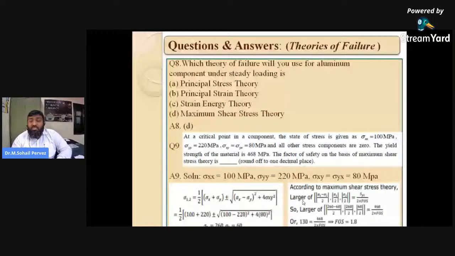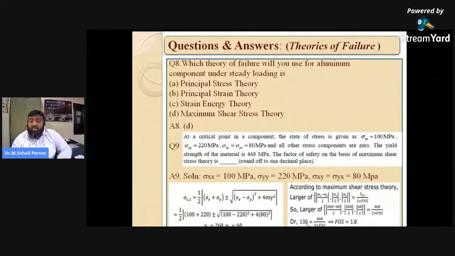Now, according to maximum shear stress theory, we have to decide the larger of sigma 1 minus sigma 2 by 2, or sigma 1 by 2, or sigma 2 by 2. We calculate all these three values, and obviously sigma 1 is larger than sigma 2, so the basic, simple equation would always prevail.